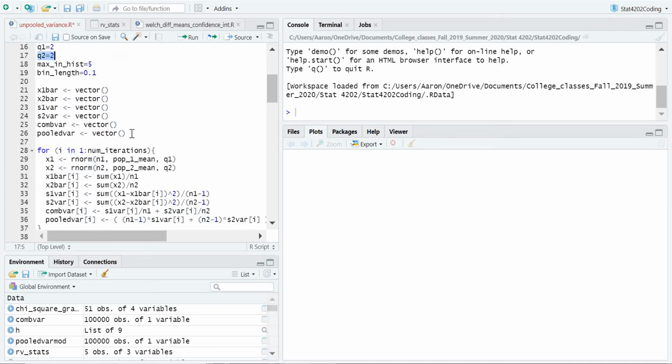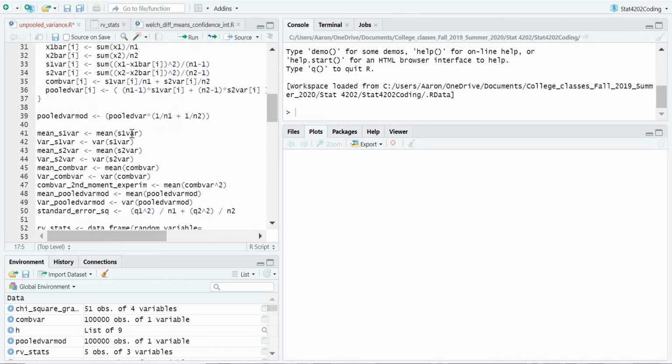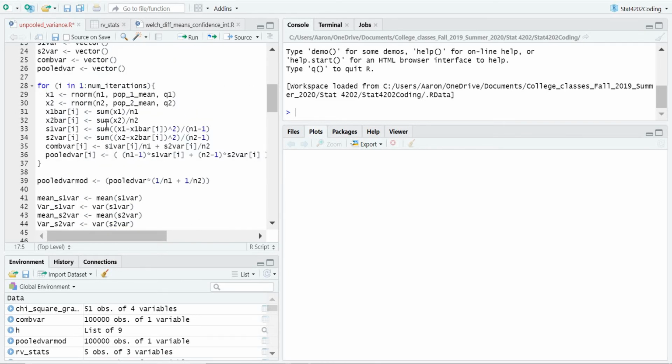Now let's do an experiment where we calculate our random samples from normal populations. We calculate the sample means, we calculate the sample variances, and then we calculate the pooled variance estimate, which is just this pooled variance calculation times 1 over n1 plus 1 over n2.